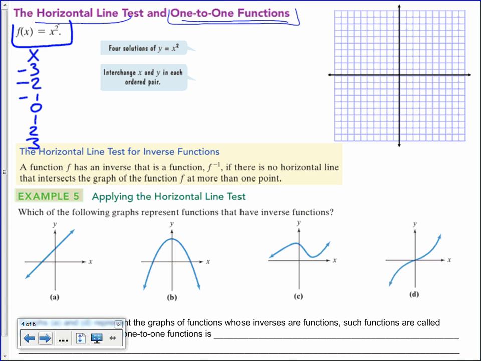What is the domain for quadratics? Negative infinity to positive infinity, or all real numbers. So if I want to find the function values or the y values, it will be 9, 4, 1, 0, 1, 4, and 9. So let's go ahead and plot those points.